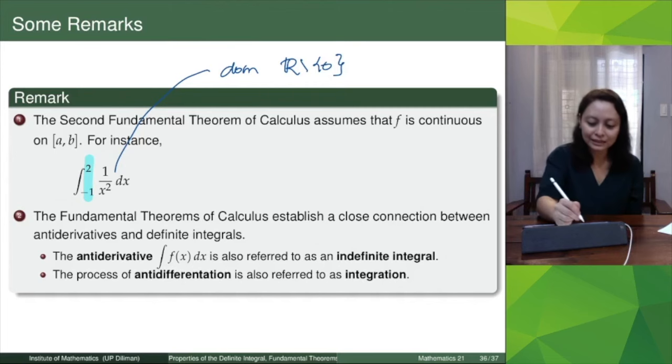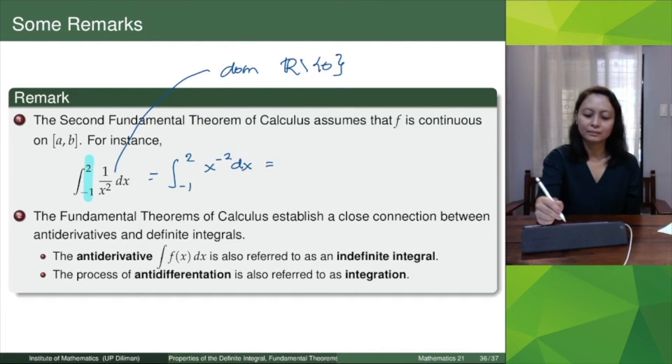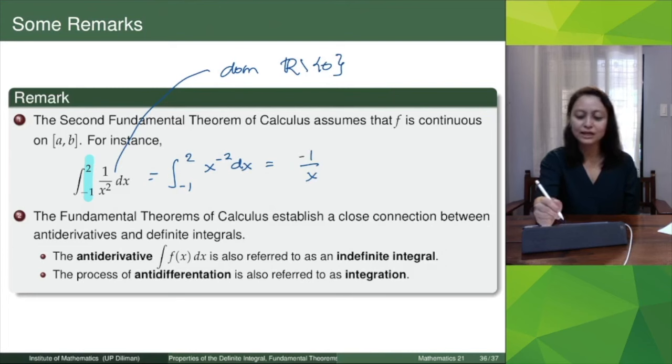Tapos, sinolve natin. Sige, so, sinolve nyo. Okay, solve natin. So, this is the integral from negative 1 to 2 of x to the negative 2 dx. Nangyayari dyan, integral ng x to the negative 2 plus 1 is negative 1. So, x to the negative 1 or 1 over x is over negative 1. So, negative 1 over x, evaluated from negative 1 to 2.